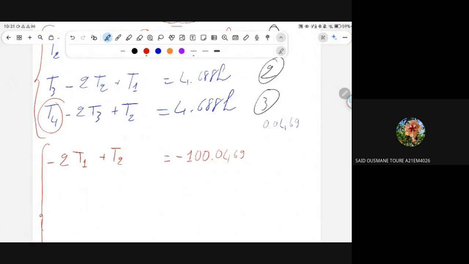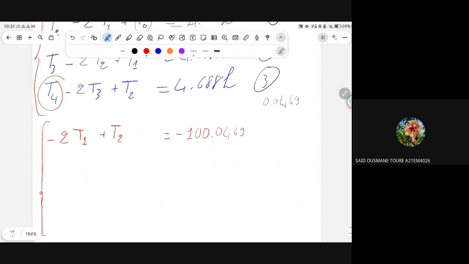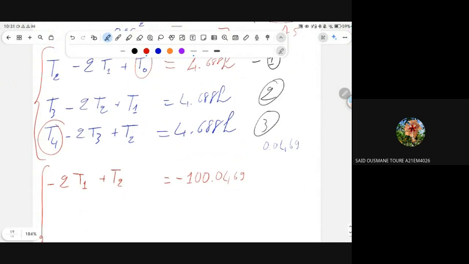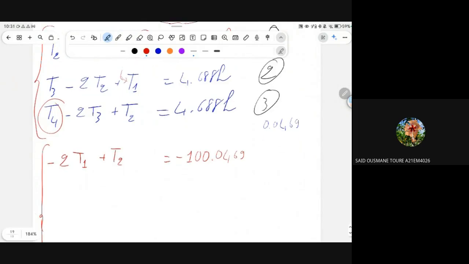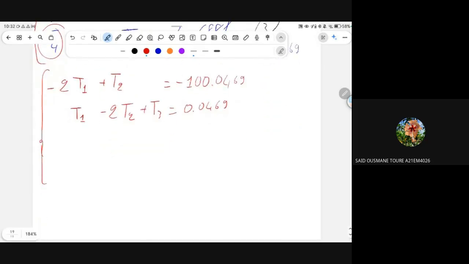Okay. Then you have here the second equation. Where is T1? T1 is here. What's the factor? Just 1. So you put T1 minus 2 T2 plus T3 equals 0.0469. And then lastly, do we have a value for T1?